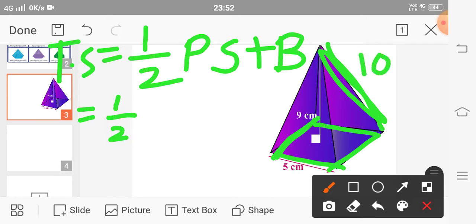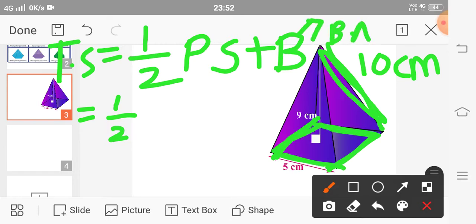If we consider 10 centimeters of slant height, then B equals the base area, this area. This is the base area and this is the perimeter of the base. So P is here the perimeter.